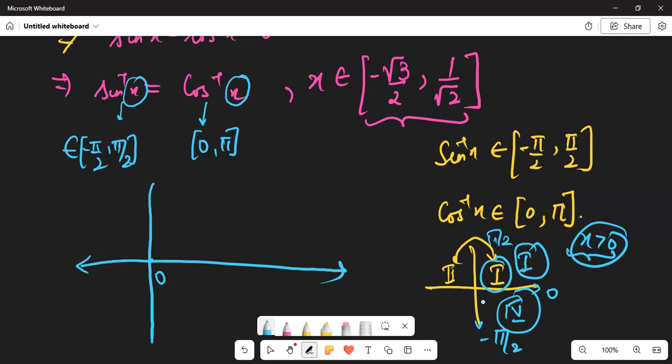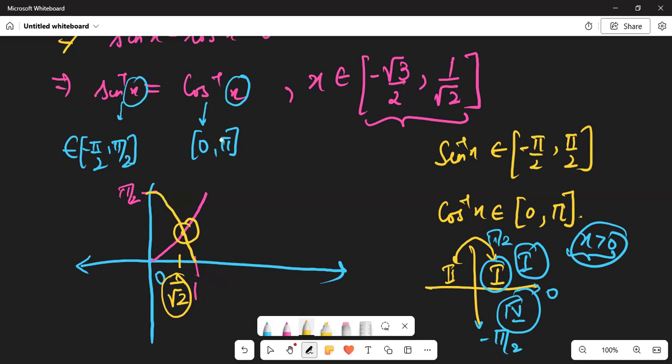This is how the principal branches are actually defined. When you plot the graph of the function sin⁻¹x, you'll be getting this, and this is pi by 2. And when you plot the graph of cos⁻¹x, you'll be getting something like this. So they intersect. And where do they intersect? You must have done this in class 10th: for the angle 45 degrees or pi by 4, sin and cos both take the same value 1 by root 2. And the maximum value x can attain is 1 by root 2.